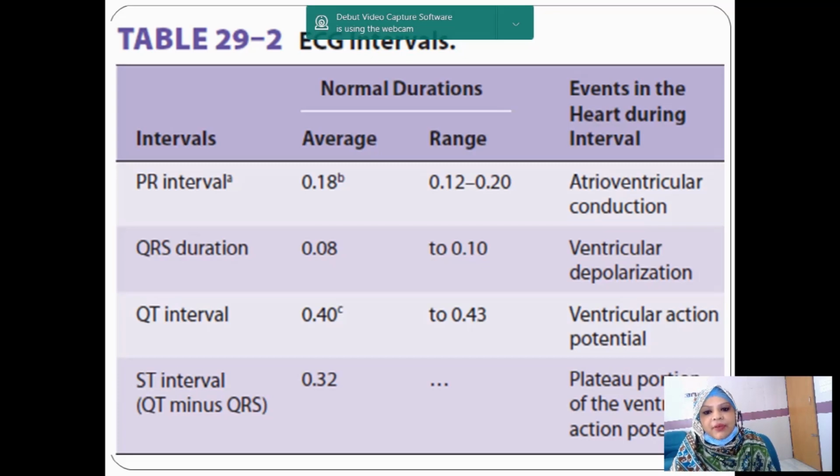Now QRS duration, 0.08 second average, range up to 0.10 second, and ventricular depolarization. QT interval, very important, 0.4 second, and it occurs during the ventricular action potential. And ST interval, 0.32 second, and it occurs during the plateau portion of the ventricular action potential.